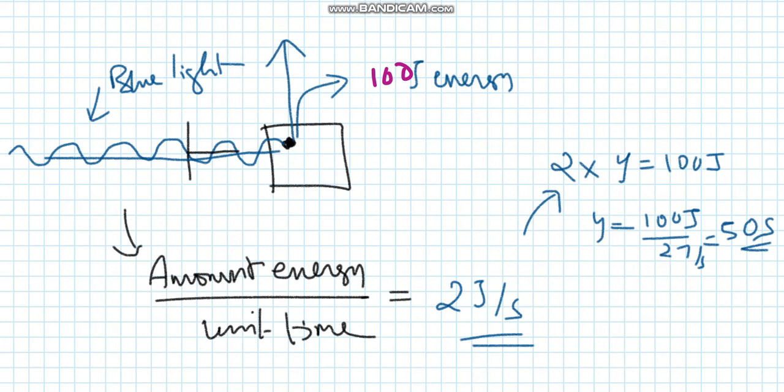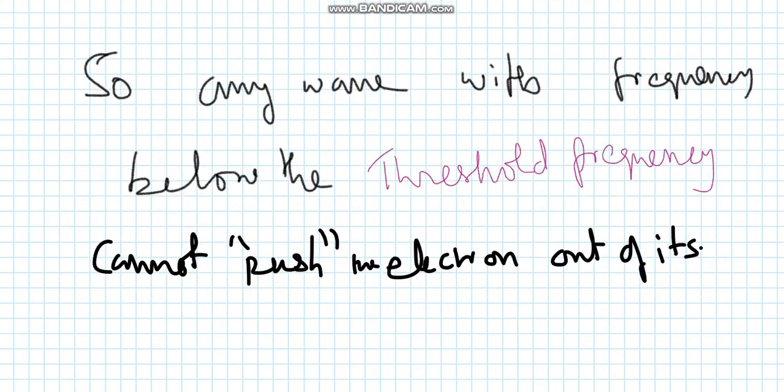This is where the concept of threshold frequency beats all this. What is threshold frequency? I have discussed with you what threshold frequency is. Any wave with frequency below the threshold frequency cannot push the electron out of its site. Using the term push is not literate, but for the sake of simplicity we can say push.